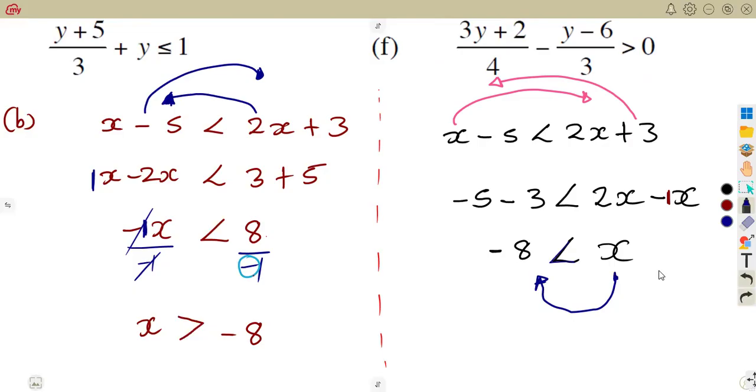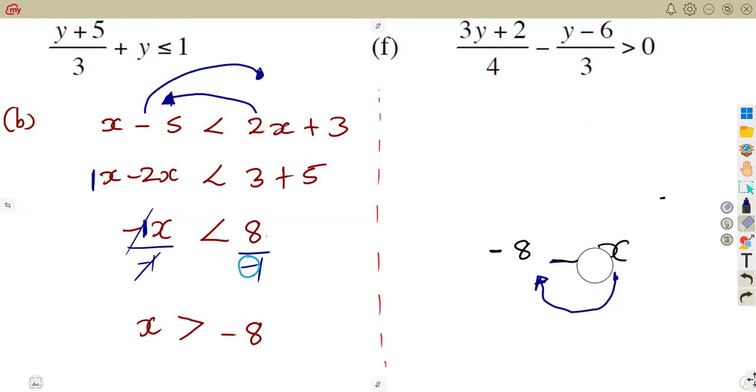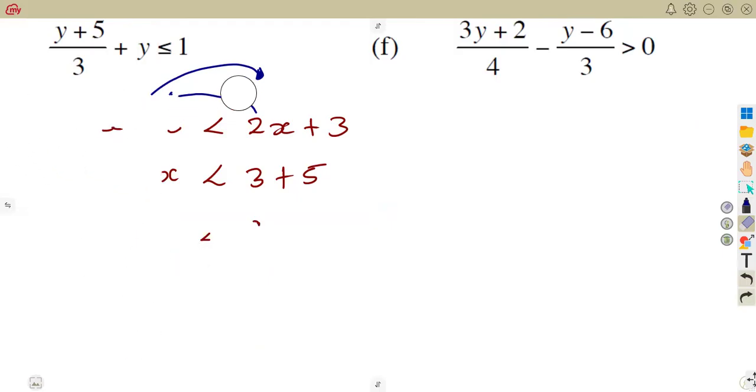So it means x is the one that is bigger because it's pointing to minus 8. Same thing. So the simplification, the solving of inequalities, guys, they are in your hands.